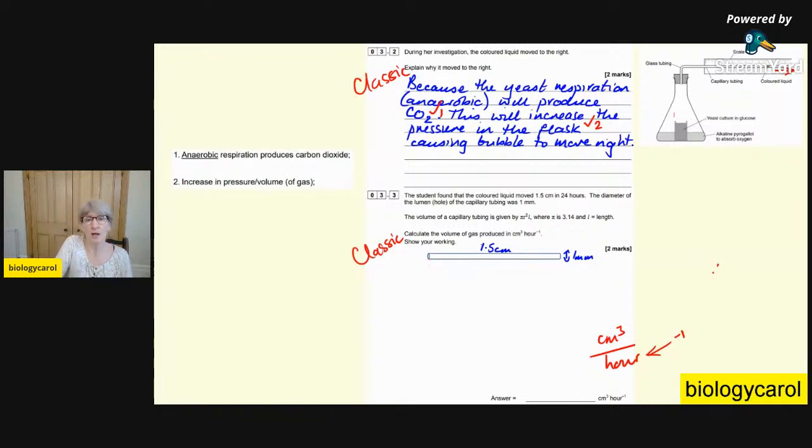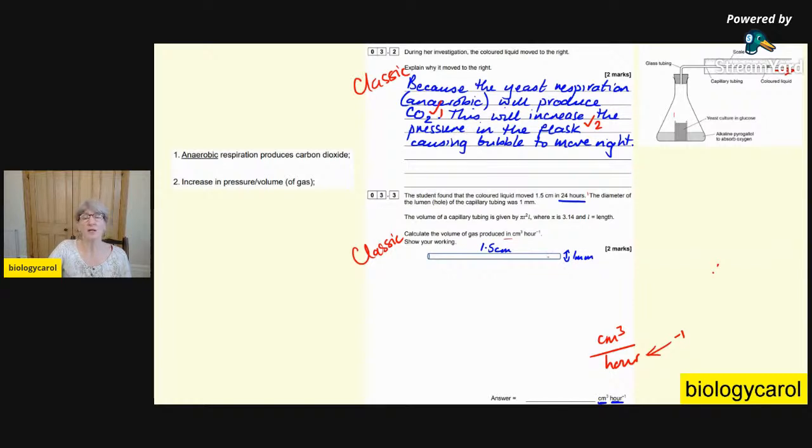So I kind of know how to get my volume. And emphasizing these units also reminded me, literally as I was doing this question, oh my goodness, it's in 24 hours. So I have got to work out the volume and divide it by 24 to get centimetres cubed per hour.